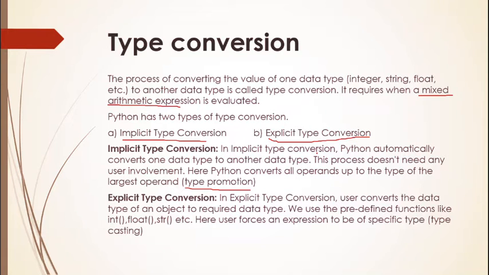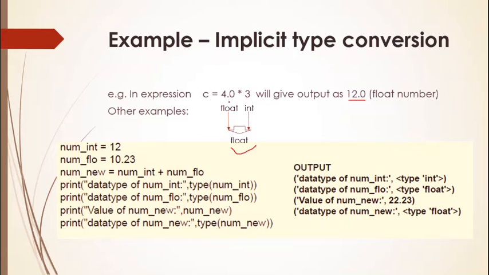As we saw in the last example, when we put a float number and an integer number, the result becomes a float number, that is the highest data type. It happens this way so that data may not be lost.